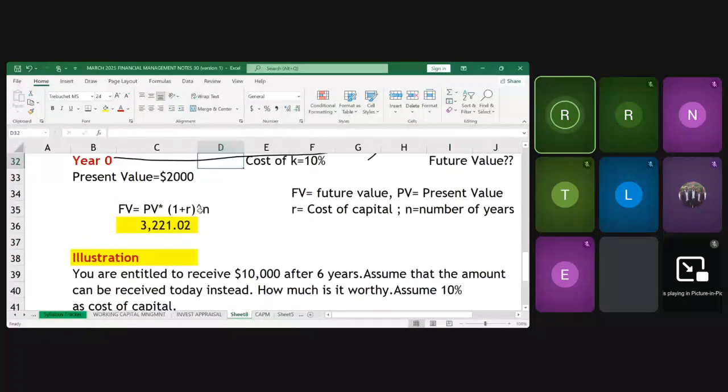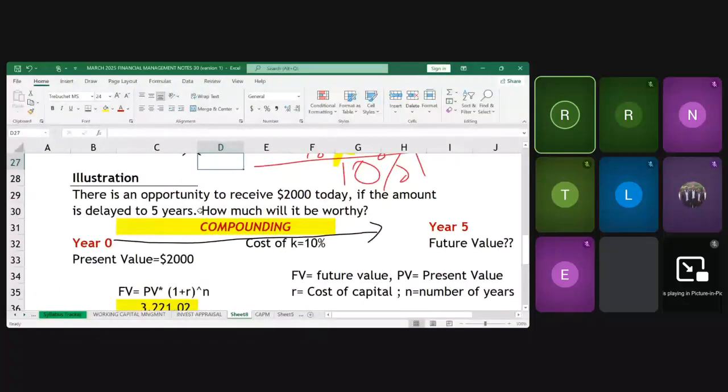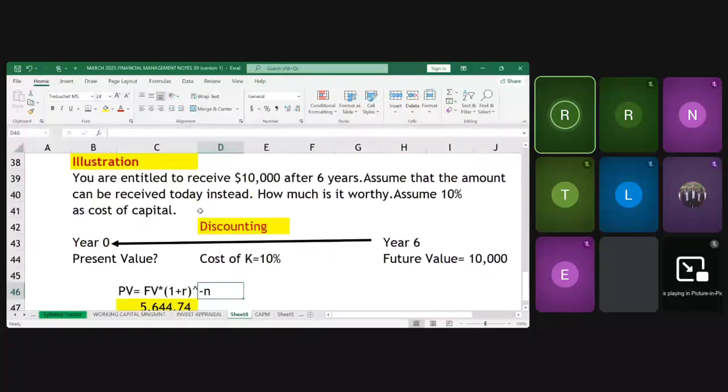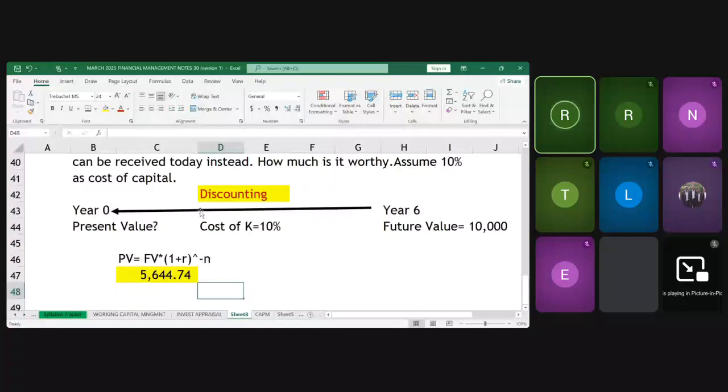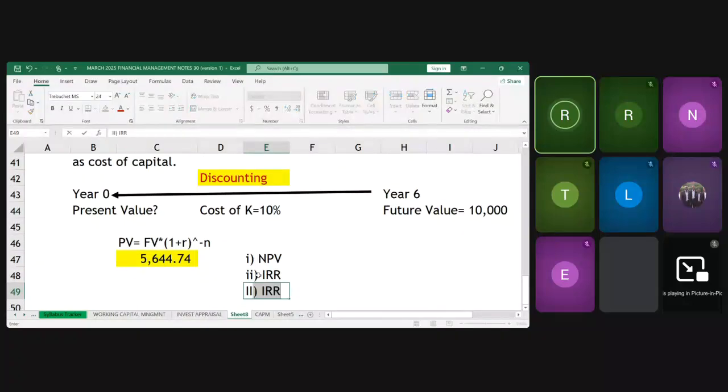So I have explained compounding, and I've also explained discounting. When we are doing the discounted cash flow techniques, number 1, we have talked about net present value. Number 2, we have also discussed internal rate of return. Number 3, we have also discussed discounted payback period.